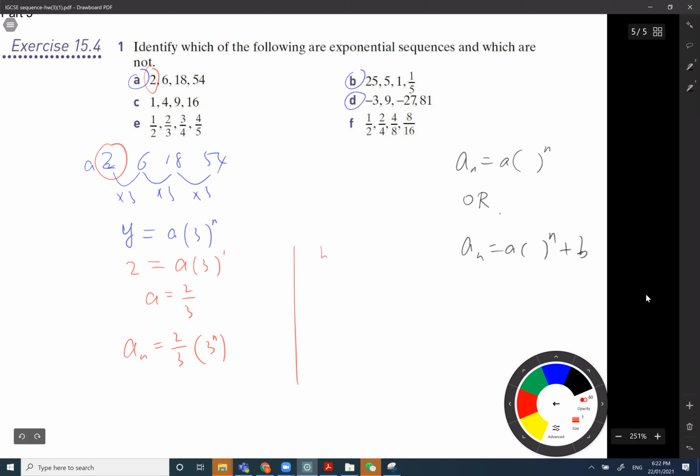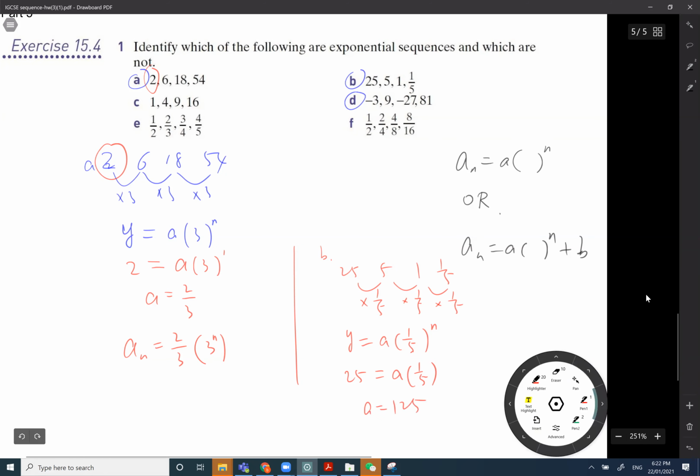B. 25, 5, 1, 1/5. Just always times by 1/5. That means a times 1/5 to the power n. If n equals 1, we got 25, so a equals 125.